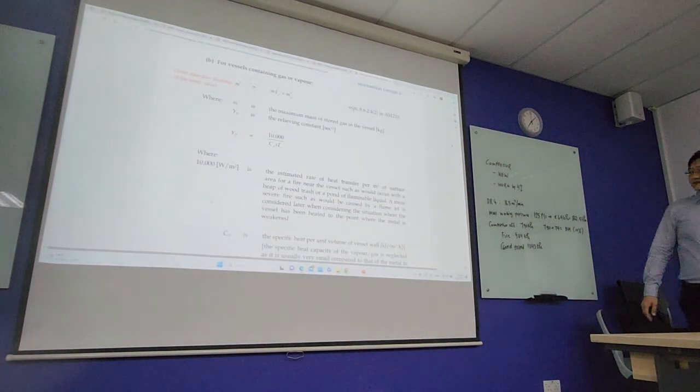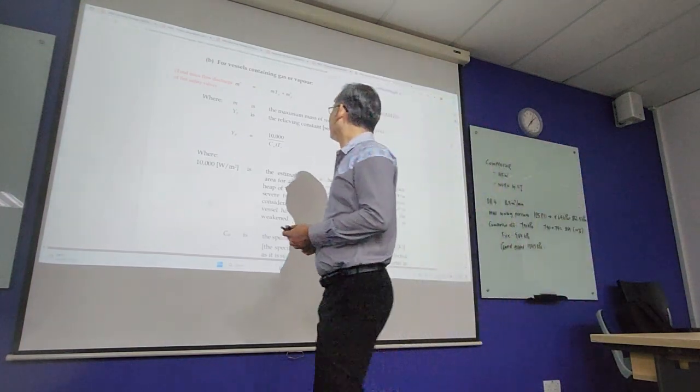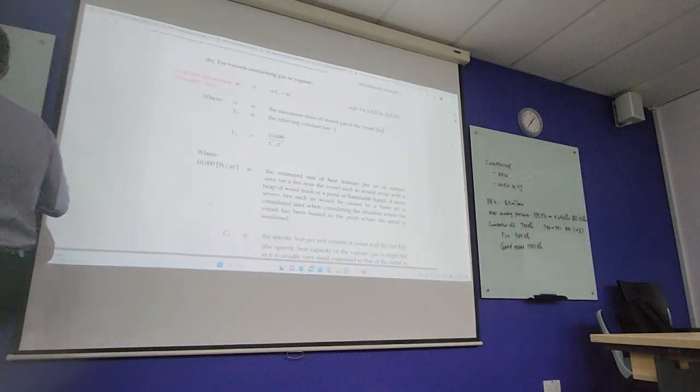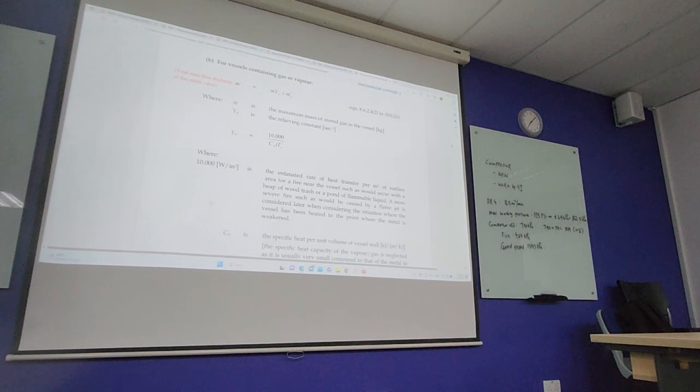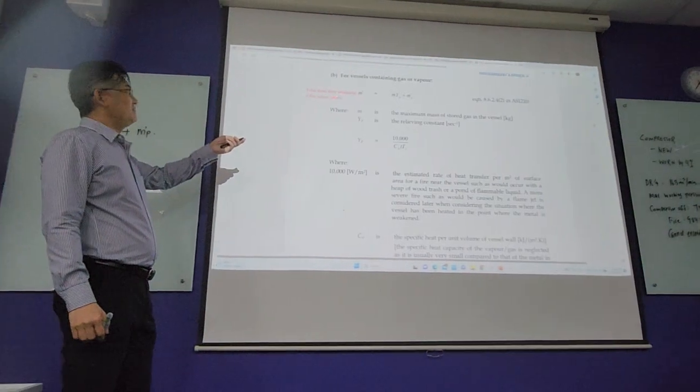Okay, so later we are going to use this formula. This one is called the total mass flow discharge of fire safety valve.